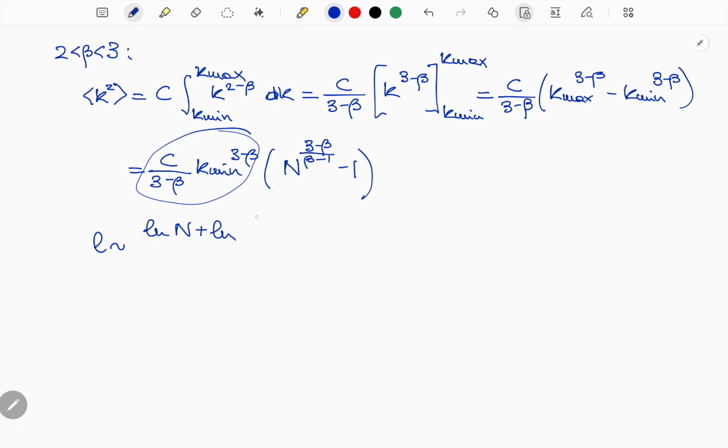So this is going to be like the logarithm of n to the power of 3 minus beta divided by beta minus 1 plus some much smaller quantities, and this is over the logarithm again of this k max, which is going to be again like something like this.